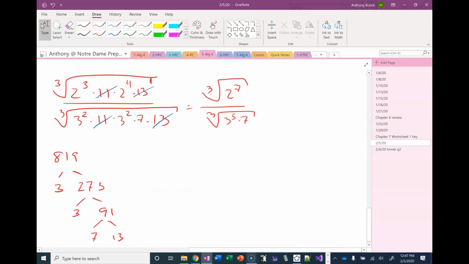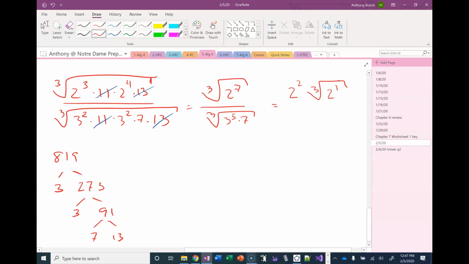Okay. How many 2's can I take out of the numerator? Well, I get 2 2's on the outside. How many are left underneath? 1.